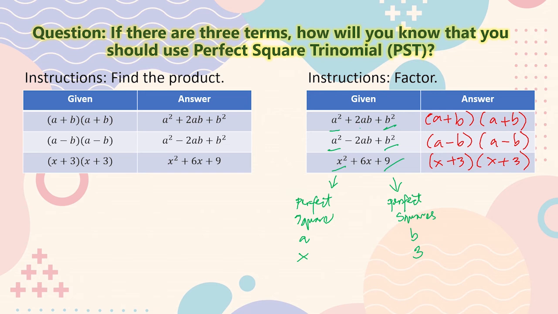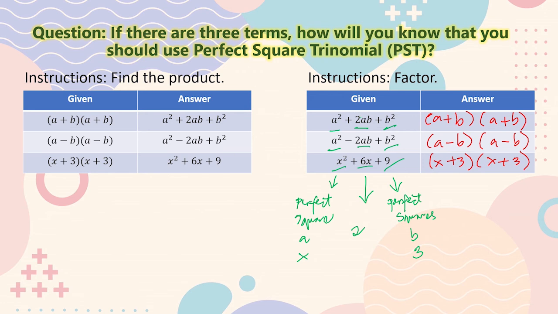Now, let's jump to the second term. If you notice, there is always a factor of 2. So that's 2, 2. With the 6, it also has a factor of 2. Because that's 2 times 3.